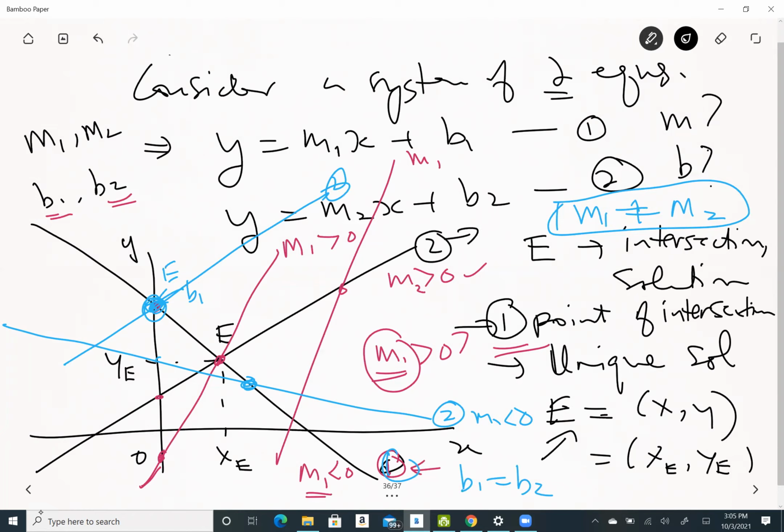I already have line number 2. Now you draw line number 1 that will not intersect with number 2. Just sketch it. You don't have to worry about the M and the B. Just sketch one line that will not intersect with number 2. After that, you draw some conclusion about that line.